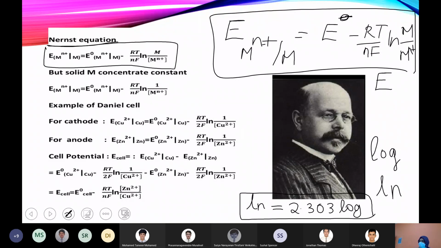That's why at the end we always convert Ln to log, because Ln calculation can be done using a scientific calculator, but we are using the logarithmic table. So if you have a log calculation, you have to always use log. Ln is based on e, and log is based on 10.